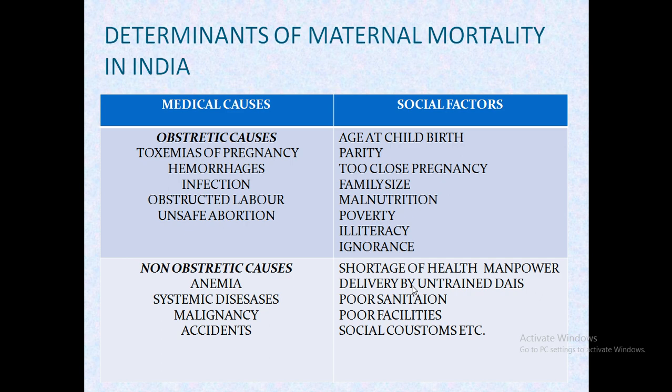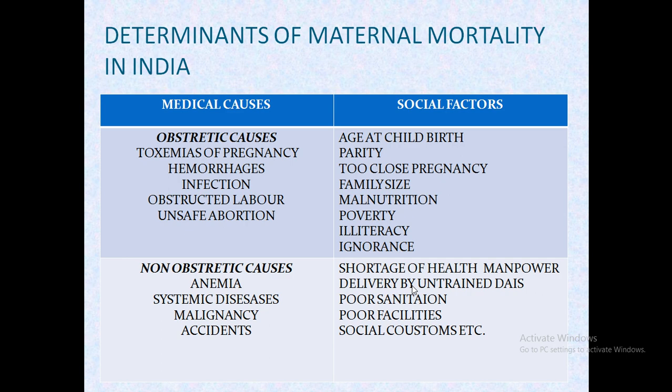When it comes to social factors, there are so many social factors that affect maternal health. Age at childbirth: teenage pregnancy and elderly pregnancy both are at risk. Parity: grand multipara are at more risk. Too close pregnancy, where there is not a sufficient space, that is a 3-year gap between two pregnancies, they are at risk. Family size: the bigger the family size, the more the chances of maternal mortality.